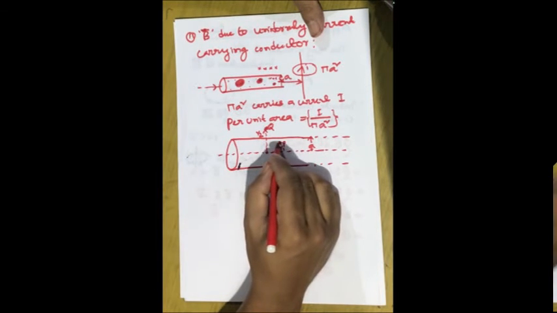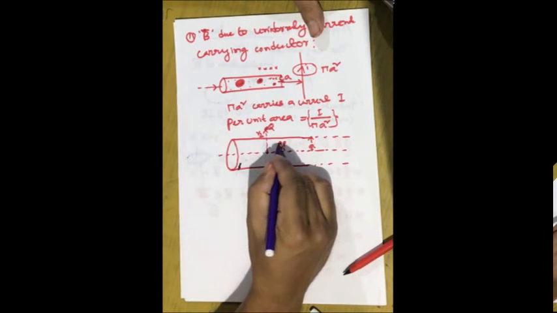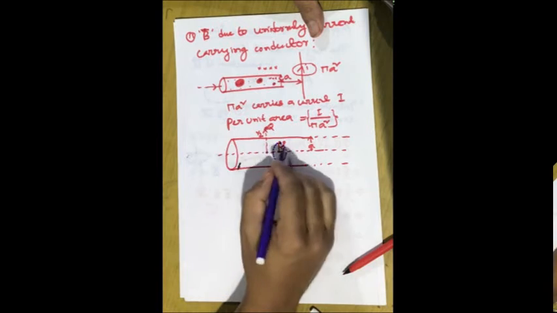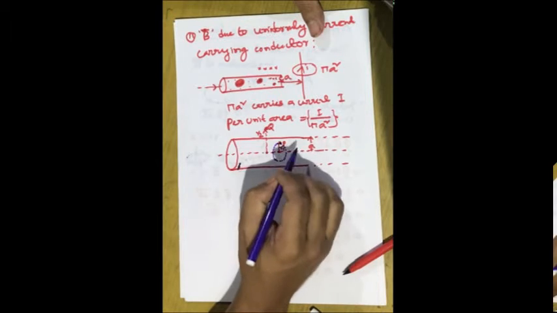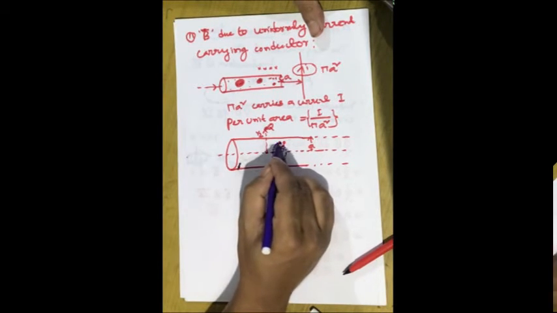Then its orientation will be similar to the orientation of the magnetic field. Therefore, the first step, we will choose the Ampere's loop of radius R1 inside the conductor. So this is an Ampere's loop of radius R1, and the point P is on the Ampere's loop.